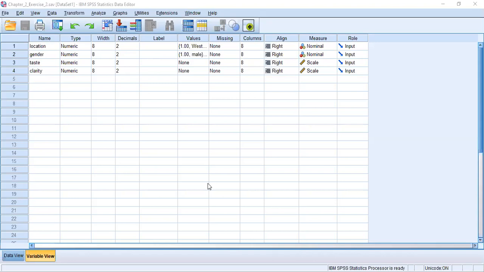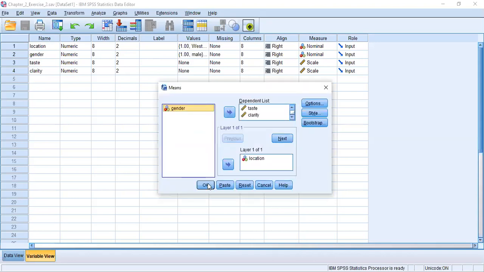Now we are again analyzing, and this time I've again gone for compare means. Earlier it was for location. I'm moving this to reset. Let me wait for some time because I suppose there has been some hanging in my computer.